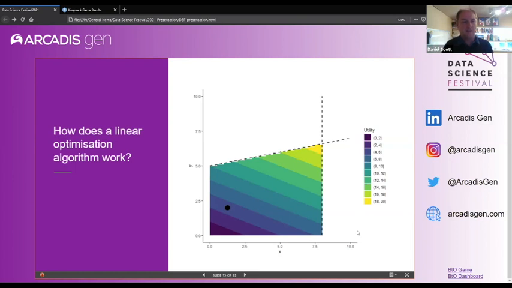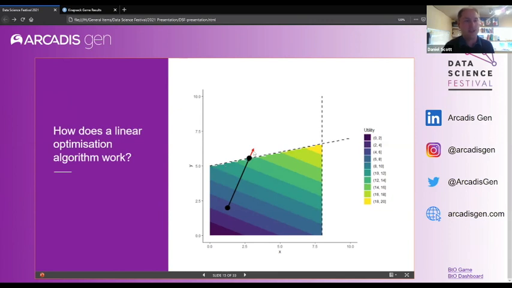The first thing it does is look around in its immediate vicinity in terms of that utility function, to see which direction leads it uphill the fastest. It identifies that, and then having worked out the direction, effectively solves the linear equation until it reaches one of the bounds that have been defined, in this case this top line here, and it will move to that point.